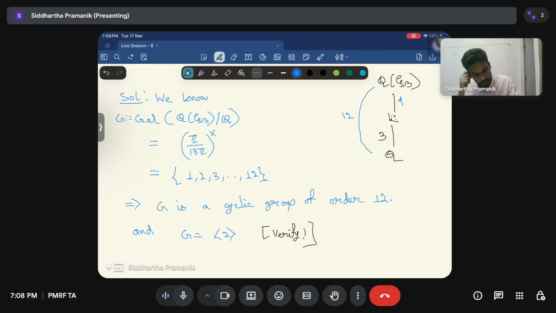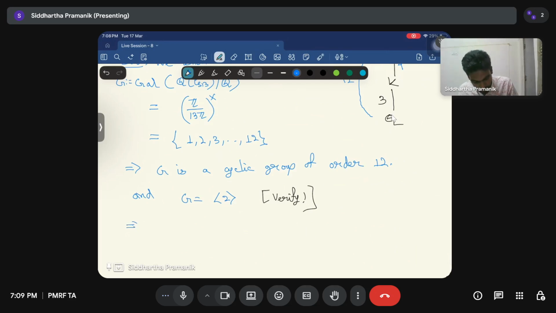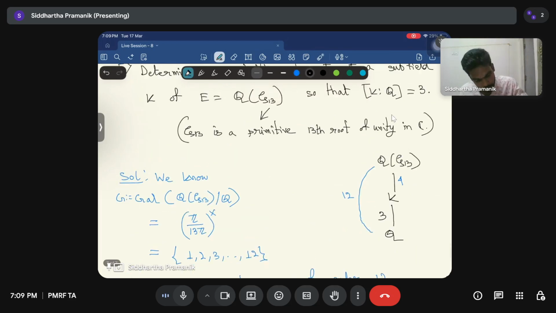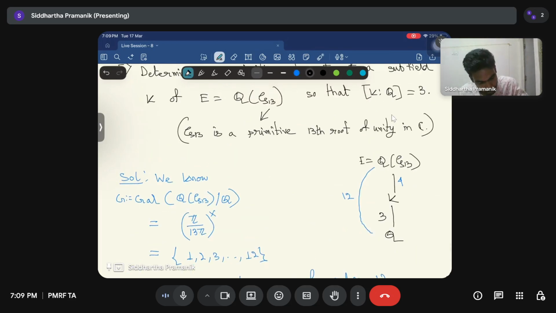So this will imply the Galois group of Q adjoin zeta 13 over Q is generated by sigma, where sigma from, okay, this is our E. So maybe we shall use this shorthand notation.